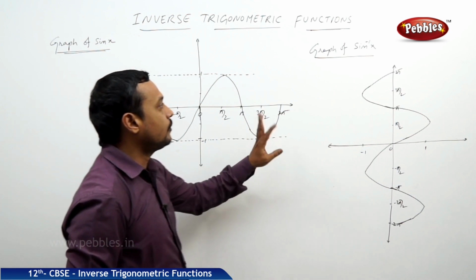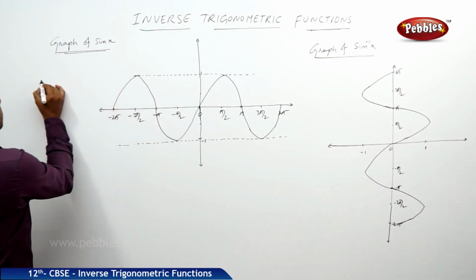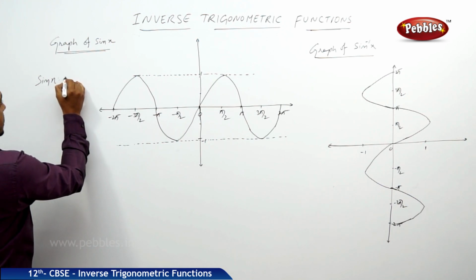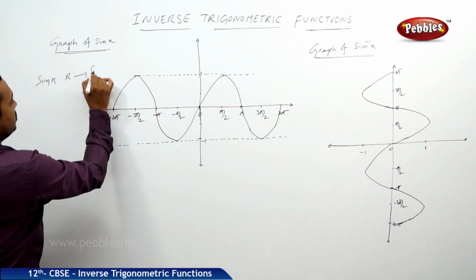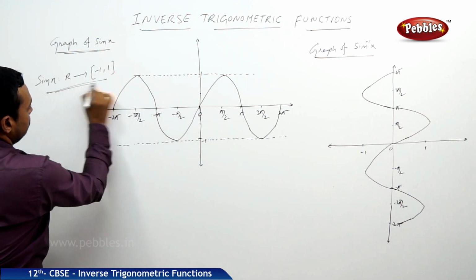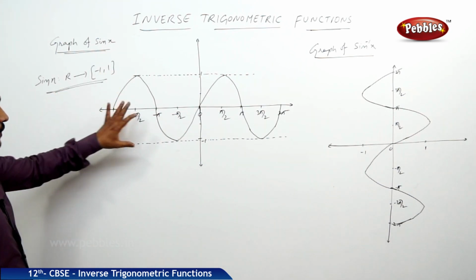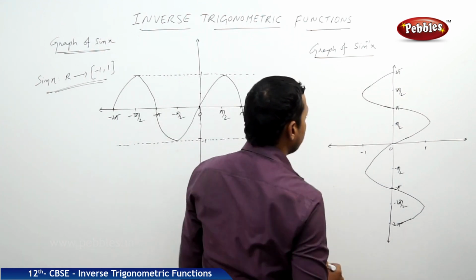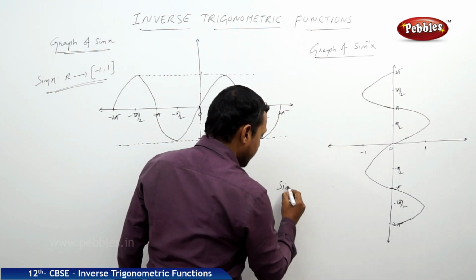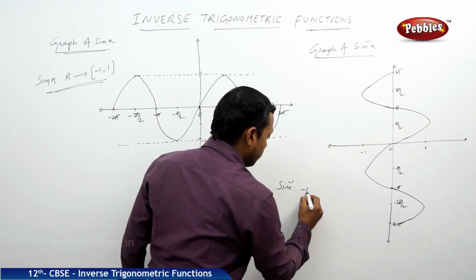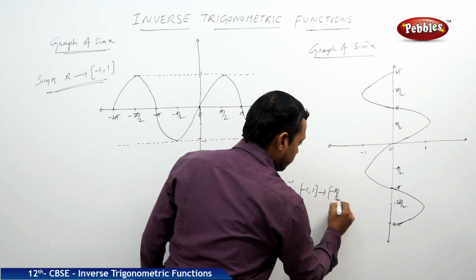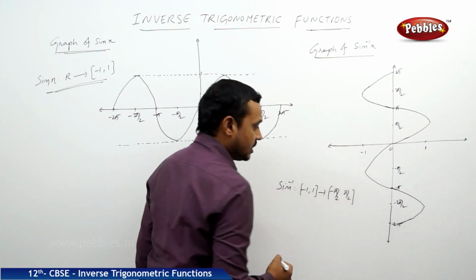Next one. Because here the sin x function has domain R and range minus 1 to 1, the graph is defined like this. Now look here, sin inverse function. Already we know that the sin inverse function is defined from minus 1 to 1 to minus pi by 2, pi by 2. The domain is restricted now.